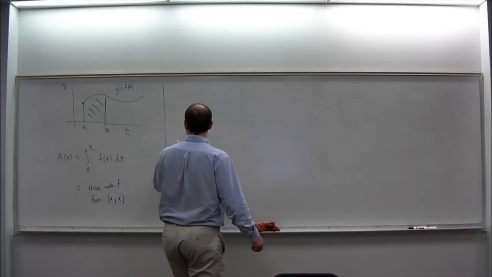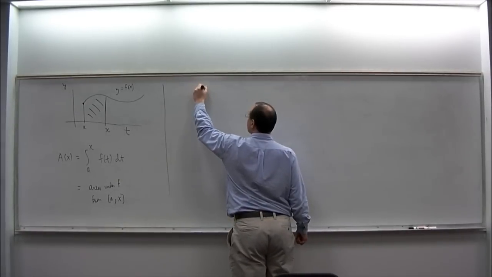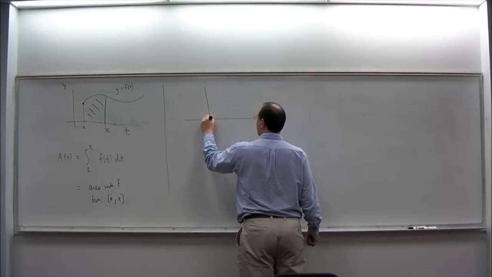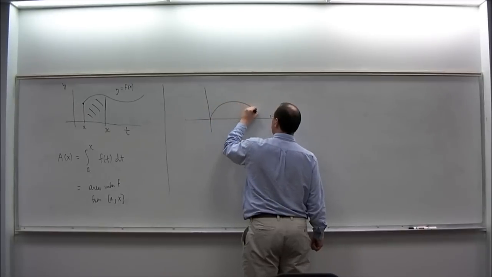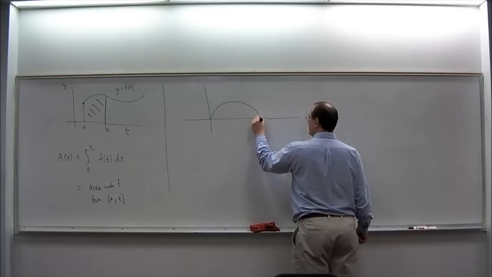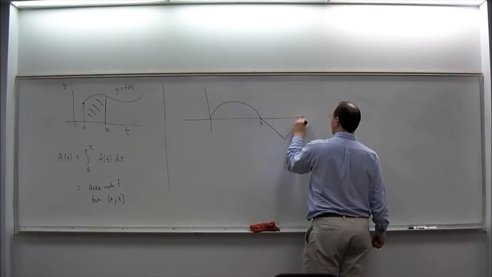Now let's look at a specific example. Suppose I have a function that has a semicircle, and let's say that's 3, and then let's say it's a line, and let's say that's 5.